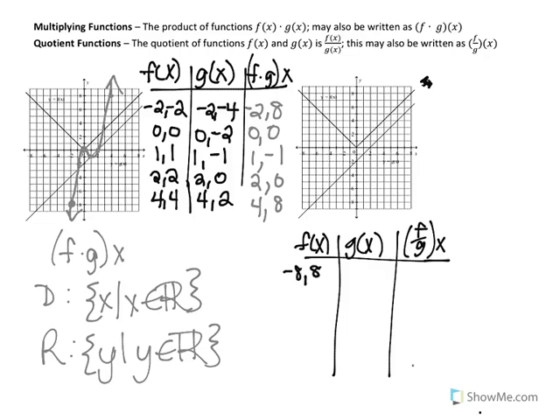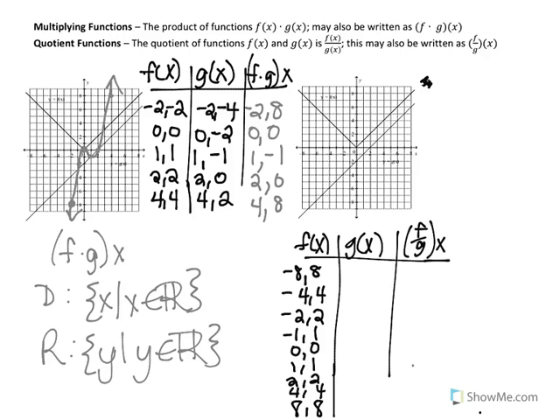So we have -8 and 8, negative 4 and 4, we'll skip 6. Negative 2 and 2, negative 1 and 1, sorry. 0 and 0, 1 and 1, 2 and 2, 4 and 4, and 8 and 8.